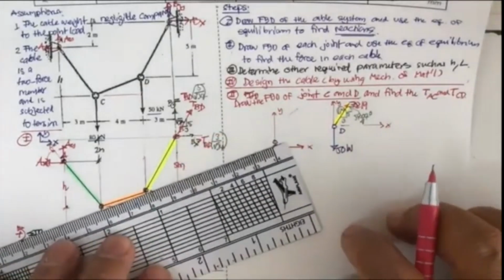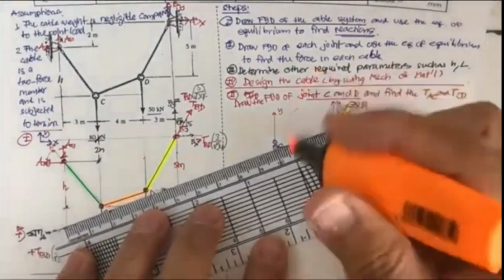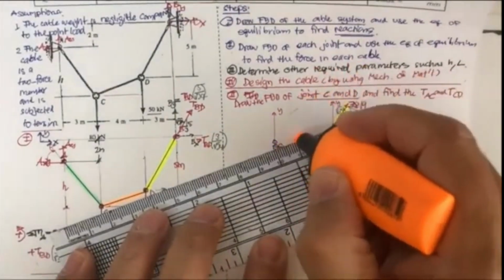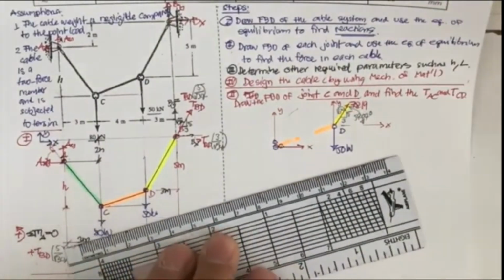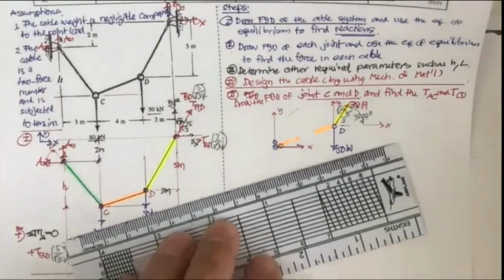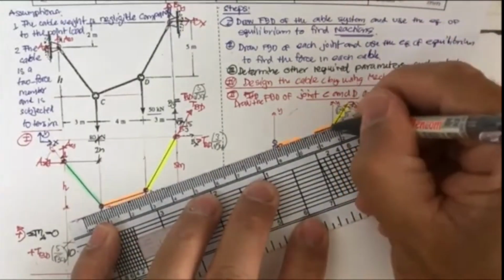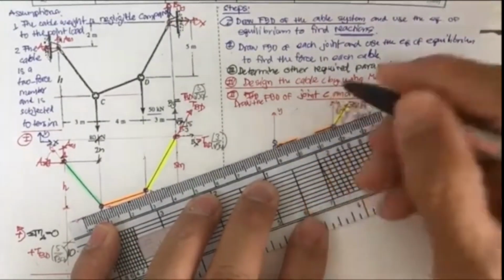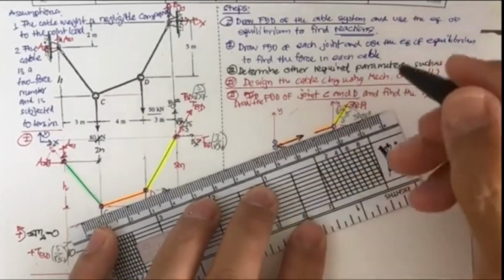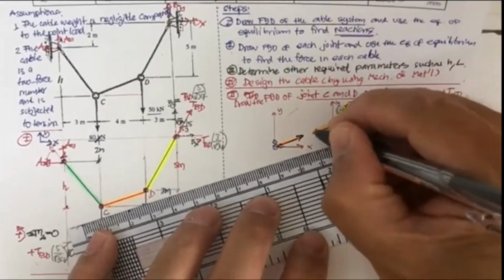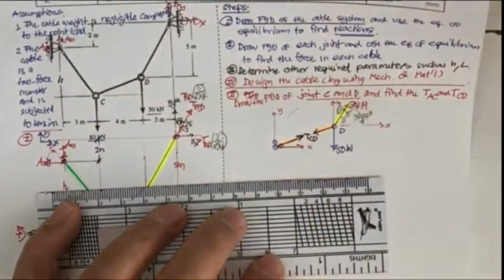And then on the orange line, we're going to have this one and this one. We don't know the force in the cable CD, so we put this one as the T sub CD. And since the T sub CD is tension, it's going to point out from the point C and the point D. So this is going to be T sub CD.